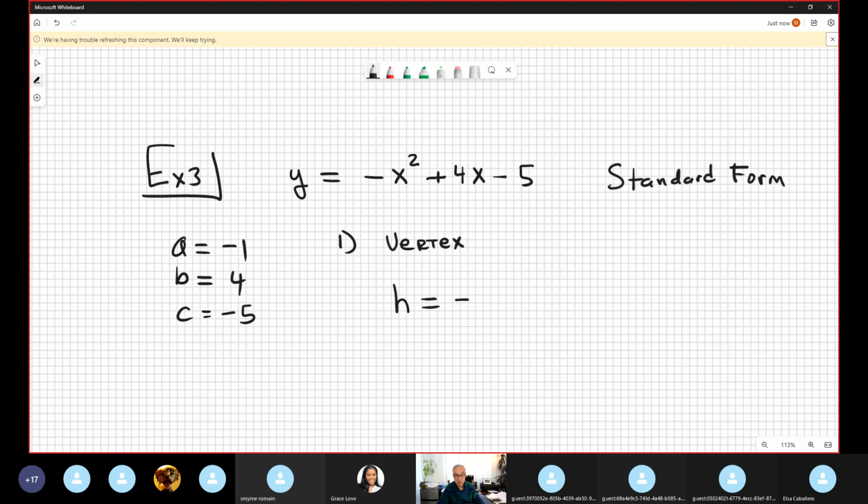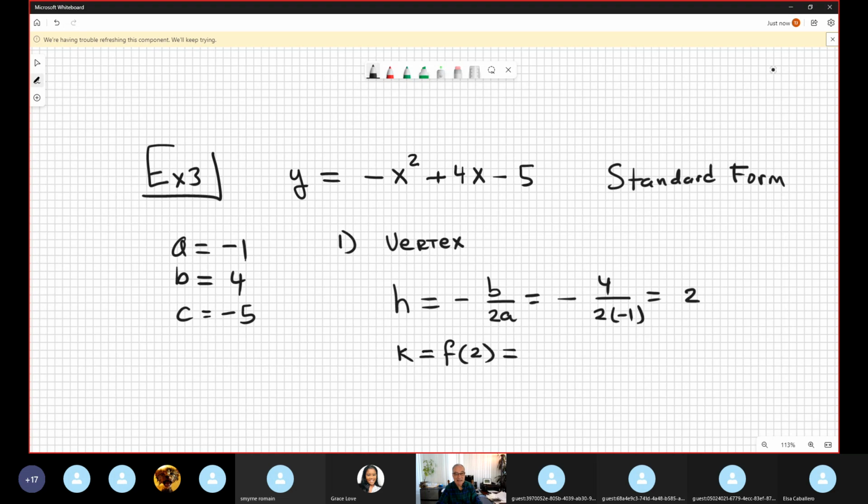H is equal to minus B over 2A. So, be careful with the signs. Because the formula has a minus, B is positive, but A is negative. 2 times -1, no? Okay, double negative becomes positive. And 4 divided by 2 is 2. H is positive 2.